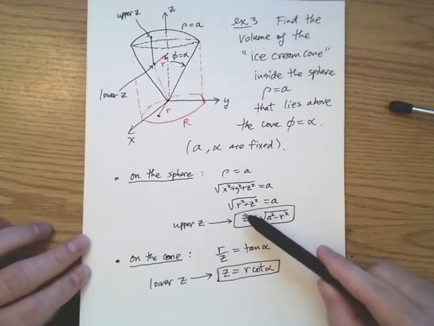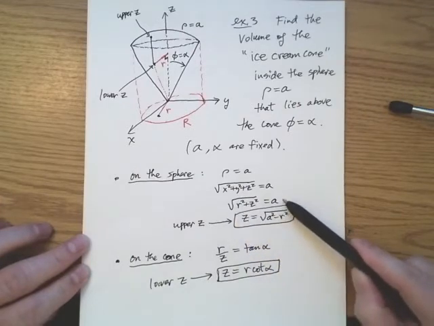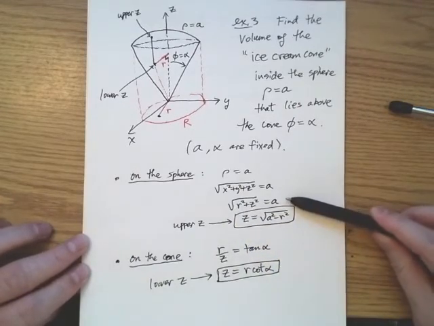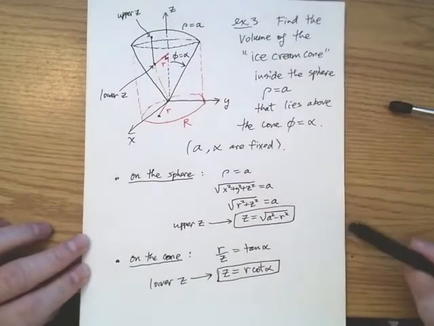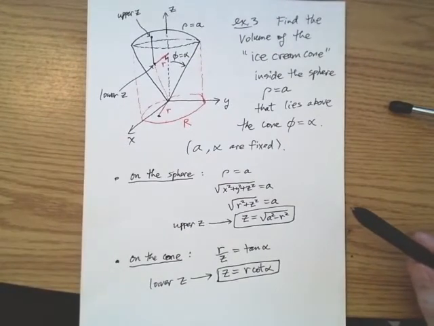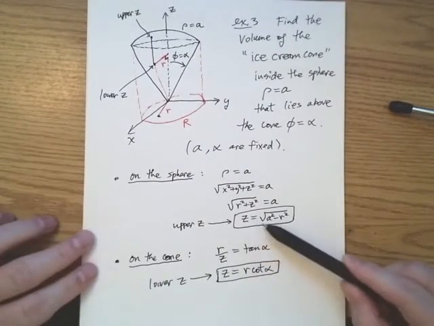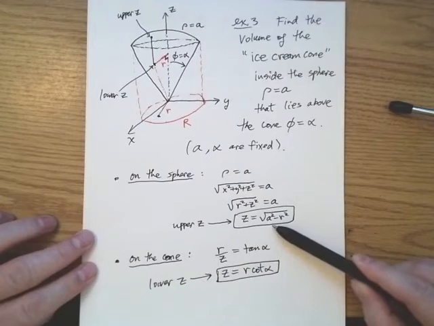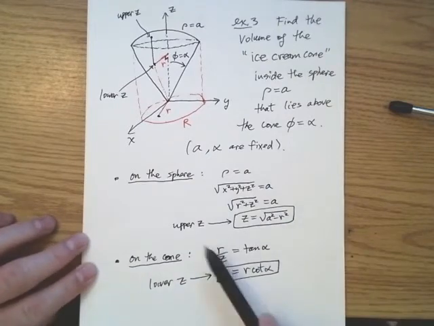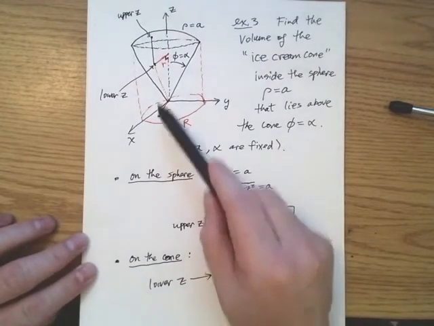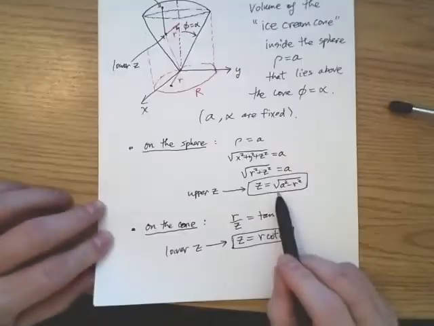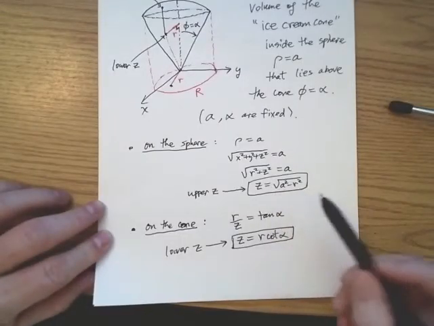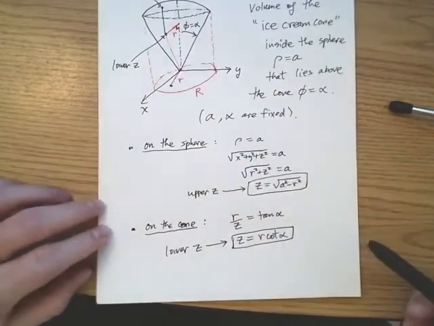So I have the square root of r squared plus z squared equals A. That would be a way of writing the sphere in cylindrical coordinates. Let's solve for z. Z is above the xy plane, so z is going to be the positive square root of A squared minus r squared. That, therefore, is going to be our upper z value. It's the square root of A squared minus r squared, whatever the r is.